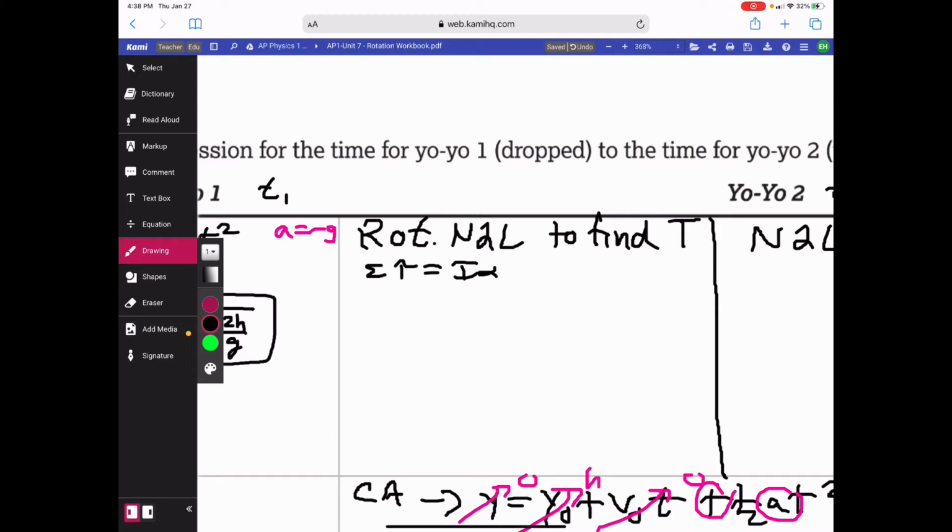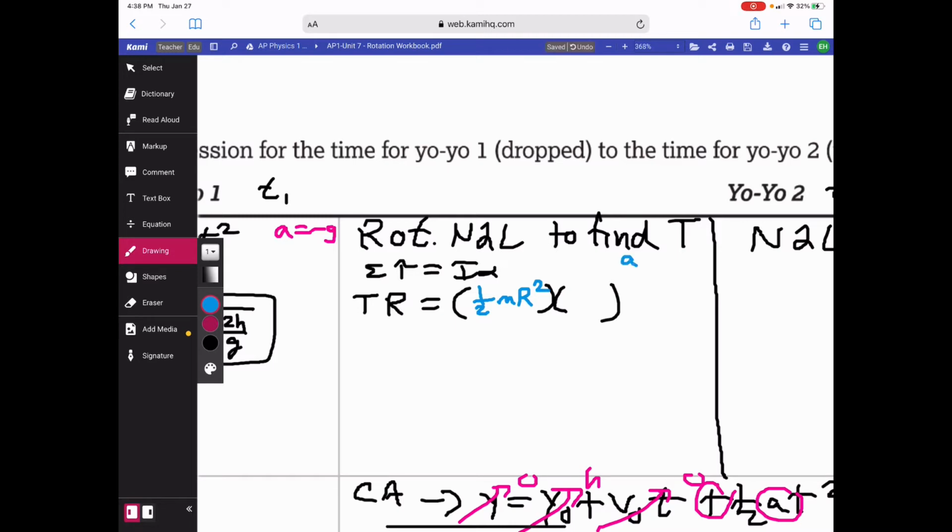Remember, net torque, the torque that causes rotation on a pulley, the force that causes a torque on a pulley, we're going to say essentially a yo-yo is a lot like a pulley or a disc rotating. So the force that causes that would be the tension, and the lever distance to the point of rotation would be the radius. So tension times radius is the torque, and that's going to equal, we're going to substitute for I, and we're going to substitute for alpha. So I, if you recall, was 1/2 m r squared.